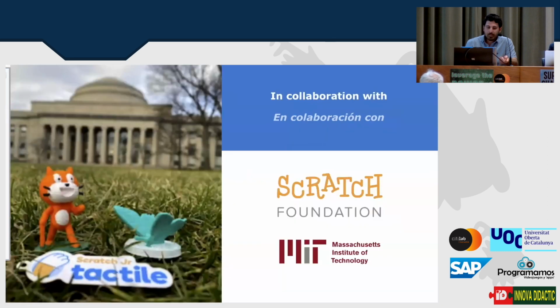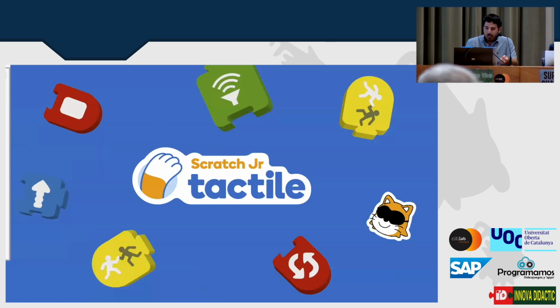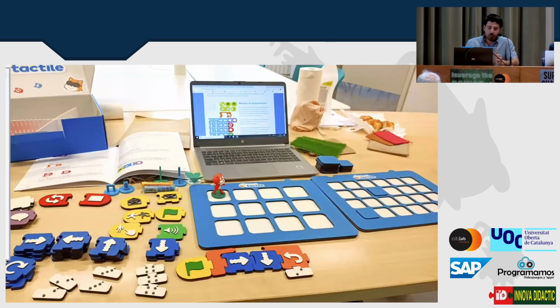We have spent these last 3 years collaborating with the Scratch Foundation, and as you can see, we chose the Jr version because it's not easy to drag and drop blocks on a screen, but it's very easy to drag and drop blocks on a table. All these designs are open source, so anyone can print them in 3D or with a laser cutter or other technologies you have near you, and even modify or improve them.